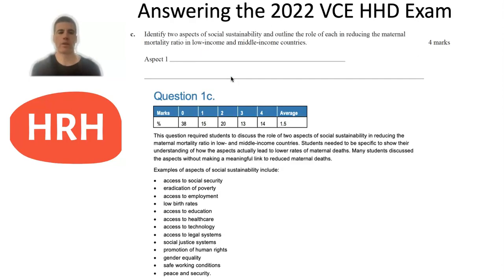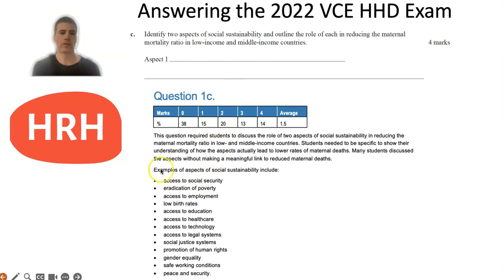Then C, for 4 marks, they were asking you to identify 2 aspects of social sustainability and outline the role of each in reducing maternal mortality ratio in low and middle income countries. So you can see the context of this question is asking you to choose examples of social sustainability and then talk about them in a positive way and how they could reduce the maternal mortality ratio in low and middle income countries.